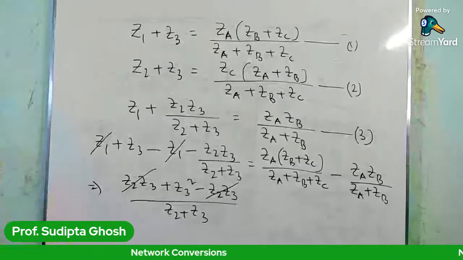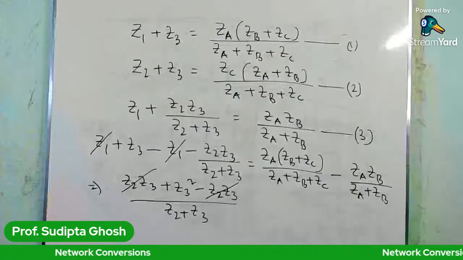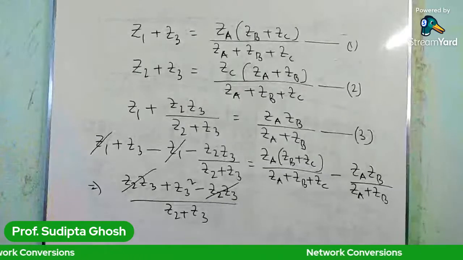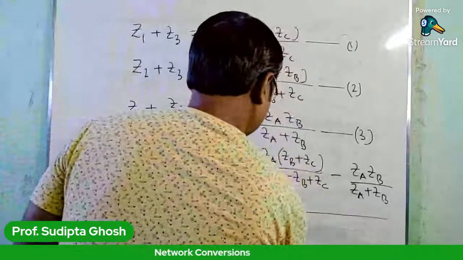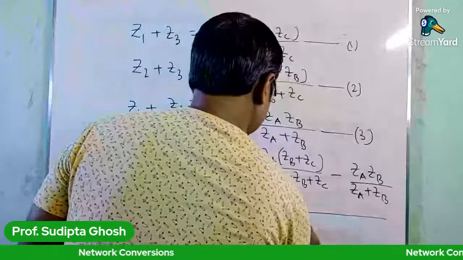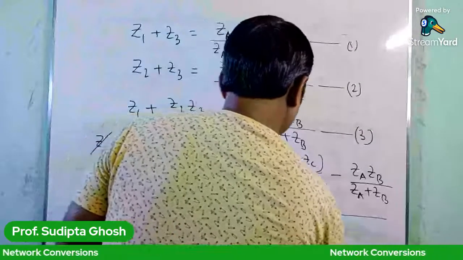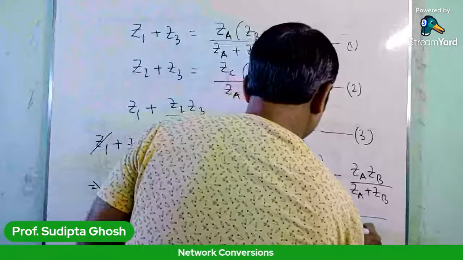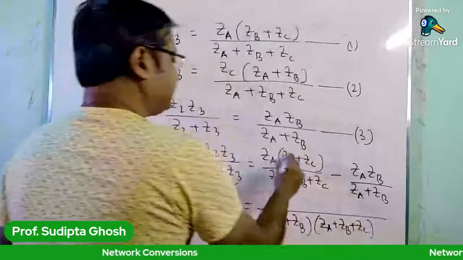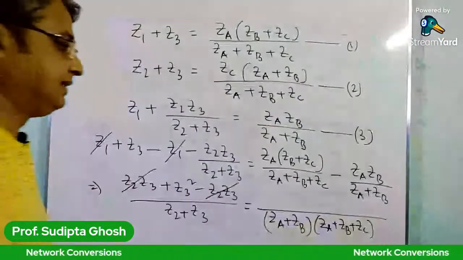Okay, so Z2, Z3 terms can be cancelled, and in the right hand side, let's reduce this further, and it will give us ZA plus ZB into ZA plus ZB plus ZC. Then ZA ZB into ZA, that is ZA square.